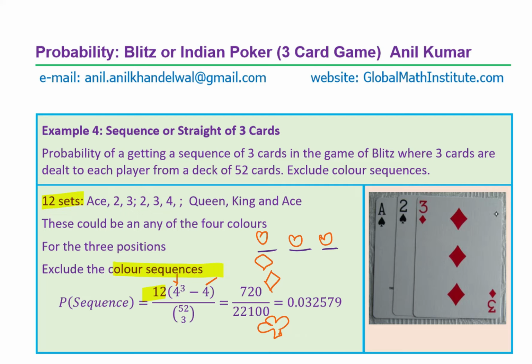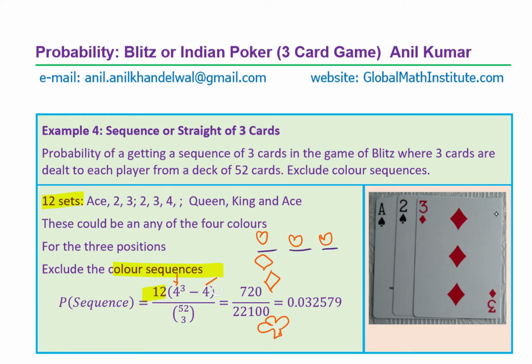So I hope this is absolutely clear, right? So as you understand, we have 12 sets of these sequences. These could be in any of the 4 colors for these 3 positions, right? So that is how you get 4 to the power of 3, correct? And those in which all are of the same color, those will be 4, one of each kind, correct?